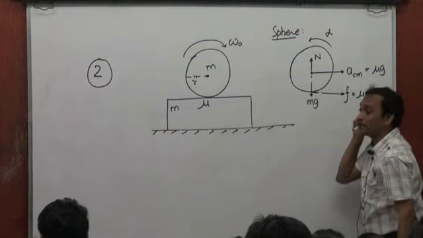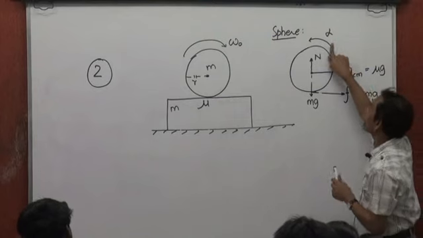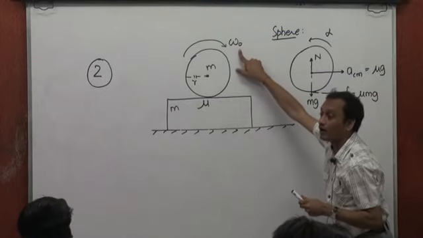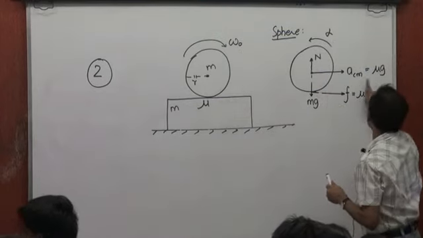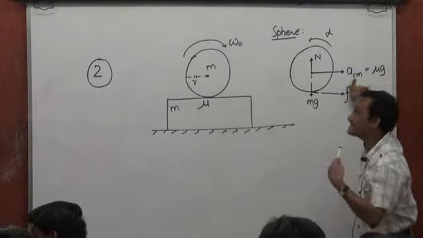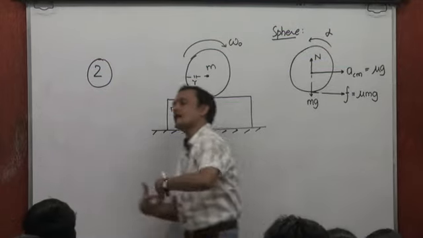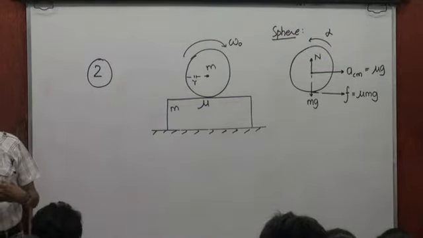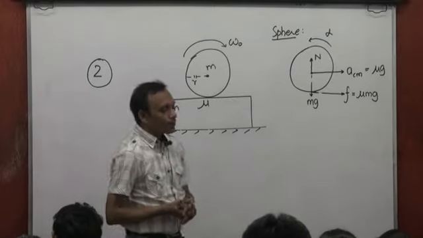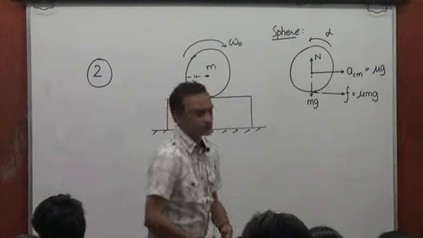That will cause an anti-clockwise alpha, yes or no? This anti-clockwise alpha will kill omega, whereas this mu g will build up VCM over a period of time. Now, t seconds later, say rolling commences t seconds later.